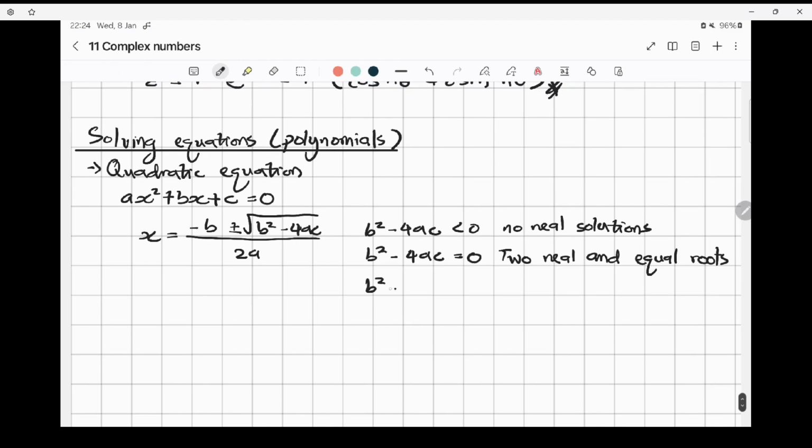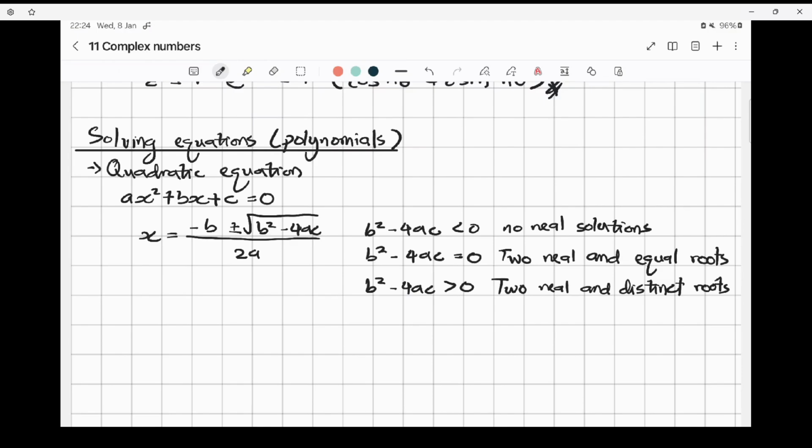When b squared minus 4ac is greater than 0, we say that you have two real and distinct roots. So these are what we learned previously.